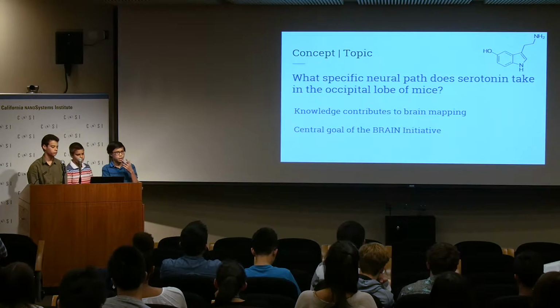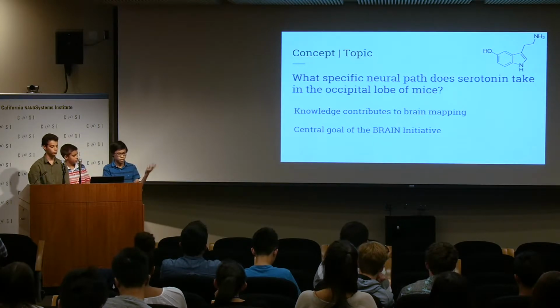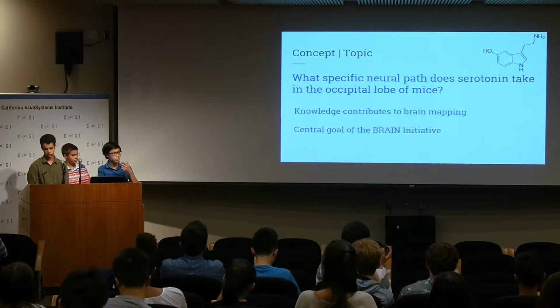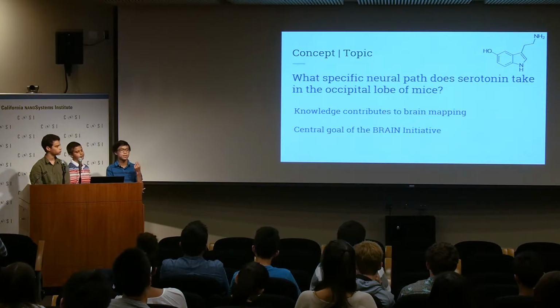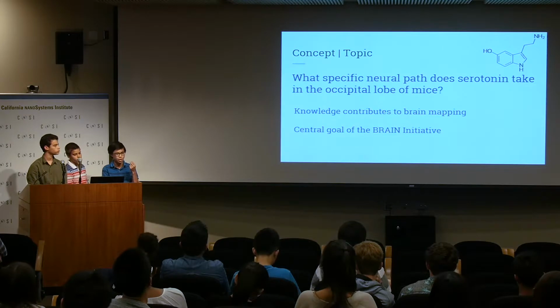After looking at our research papers and other sources that we found online, we decided to pose ourselves this specific research question: what specific neural path does serotonin take in the occipital lobe of mice at the synaptic level? The knowledge potentially gained from answering this question would contribute to brain mapping in mice. And since the brains of mice are basically a scaled, watered-down version of human brains, the knowledge gained from this could potentially contribute to the central goal of the BRAIN initiative.